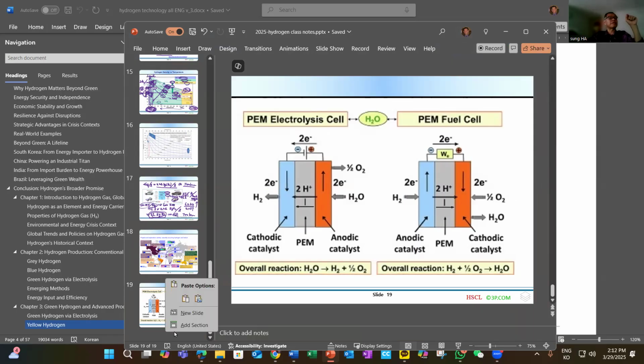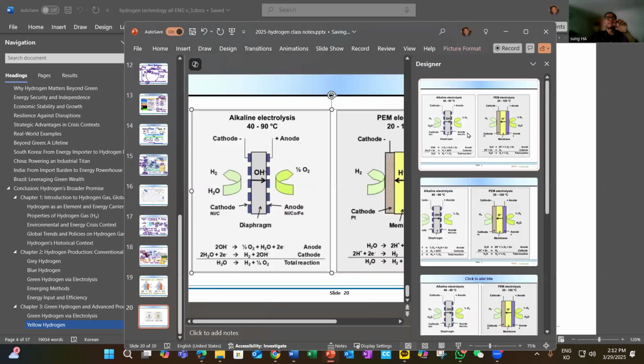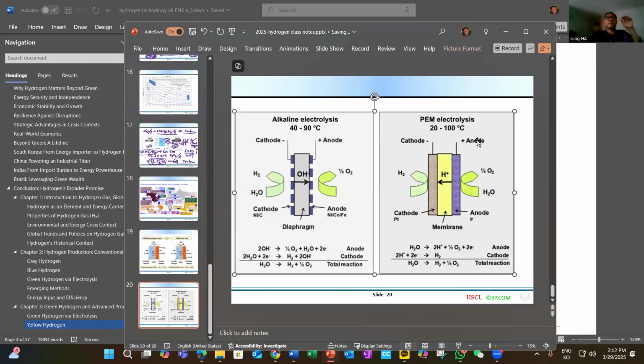Okay, the alkaline electrolysis and PEM electrolysis. These are the two most typical methods of electrolysis for green hydrogen.